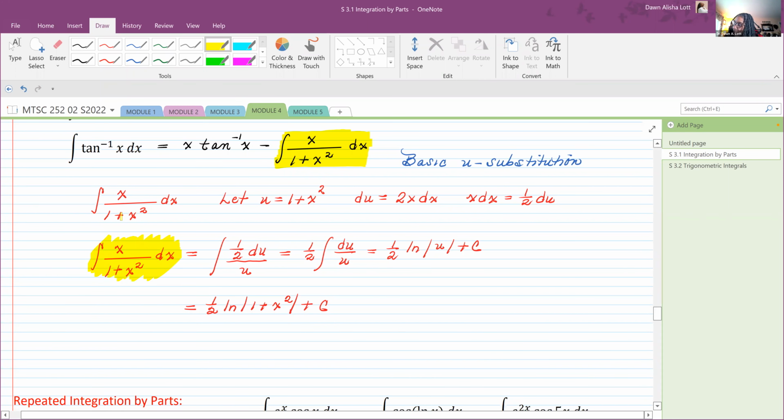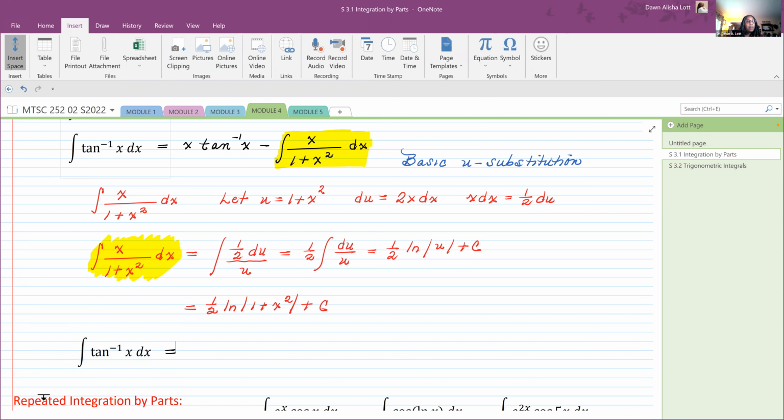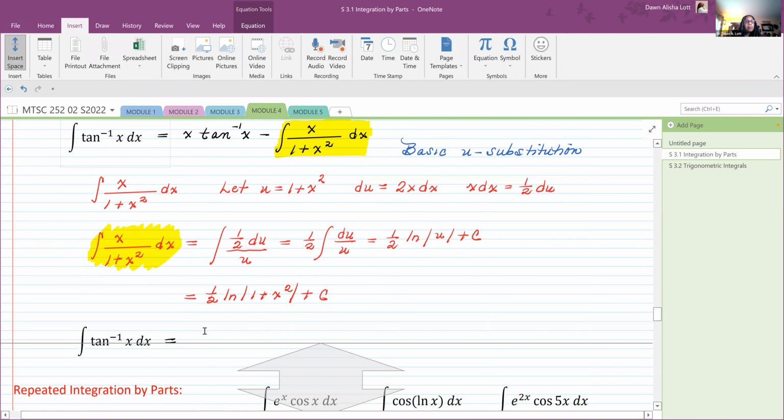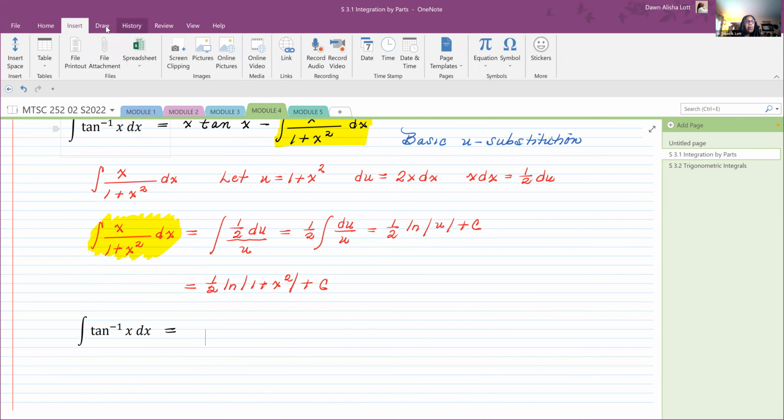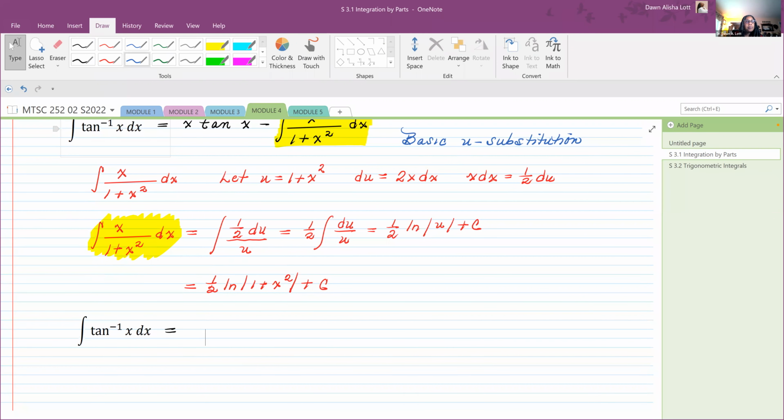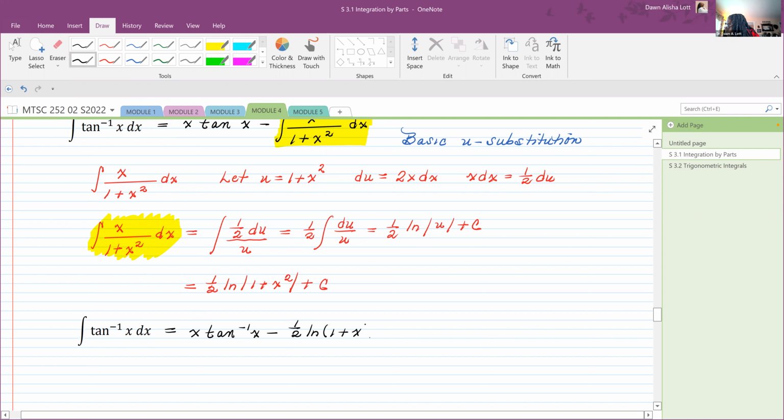Now I can finish my problem because I know this. I can just pop that right in there. So now I get the integral of the tan inverse of x is equal to x times the tan inverse of x minus 1/2 the natural log of 1 plus x squared plus a constant.